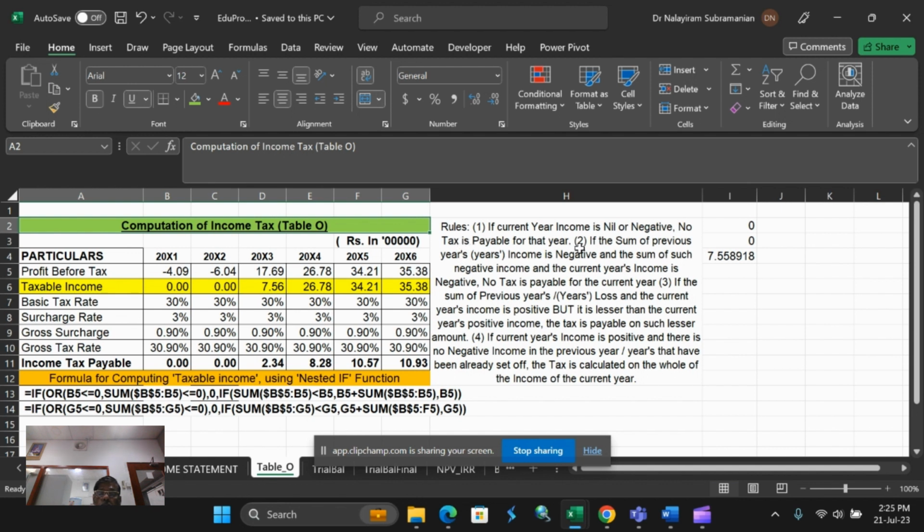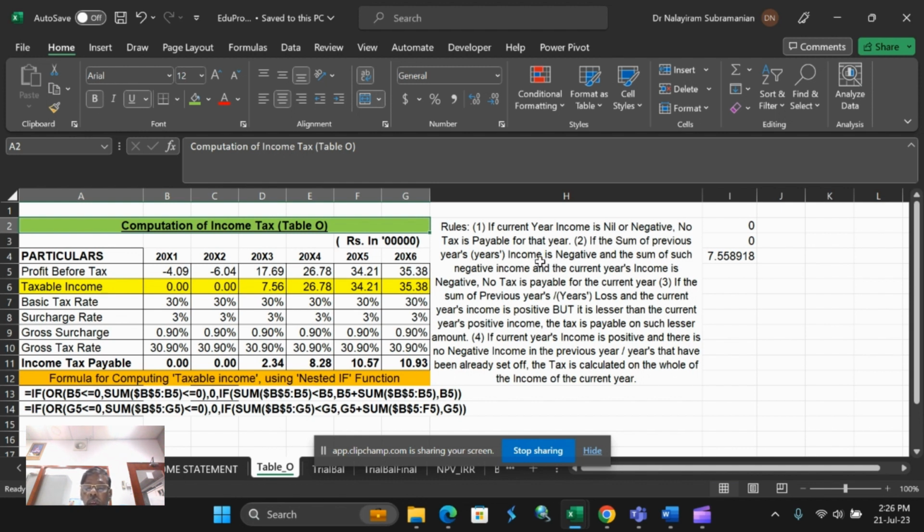At any point of time, if a loss had been incurred by the business entity in the earlier years, it will be accumulated and carried forward for set off. So if historically there have been losses in previous years, those losses will be carried forward and set off for a particular limited number of years against the income that will be earned.